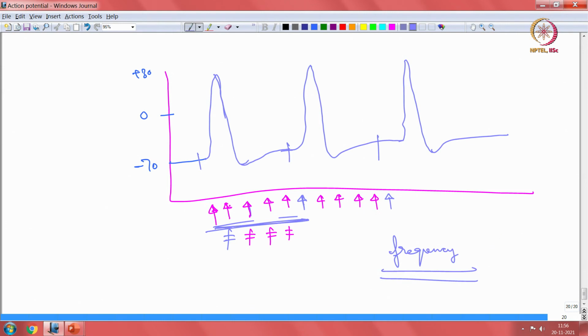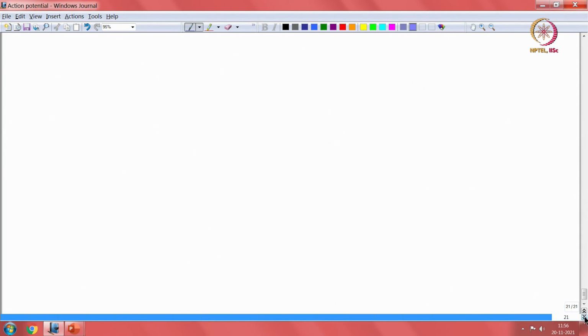Of course, assuming that you have a continuous stream of stimuli, the function of stimulus does not correlate to the frequency of action potential.